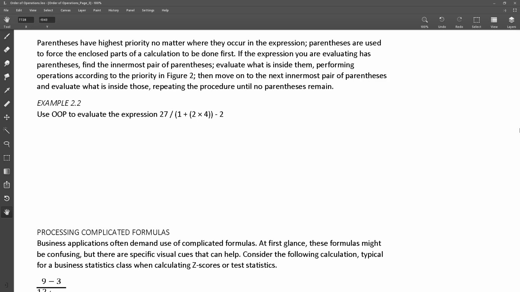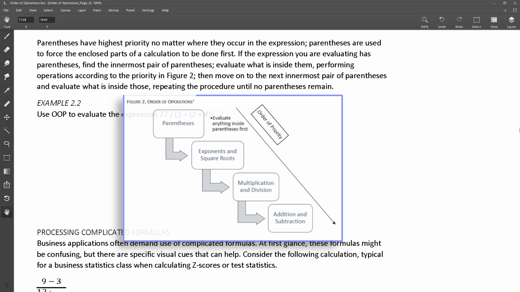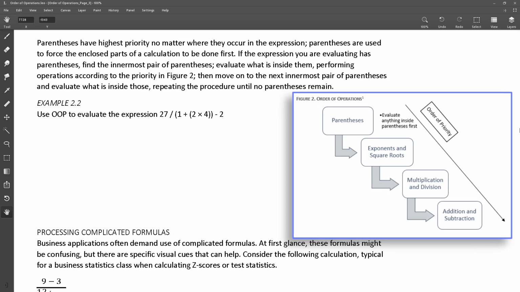Next, we are going to work through an example using order of operations correctly when there are parentheses present in the expression. So we'll be following our order of operations that are in figure 2 in order to process the expression in example 2.2. So parentheses have the highest priority no matter where they occur in the expression. They're used to force the enclosed part of a calculation to be done first, no matter where it occurs within the expression.